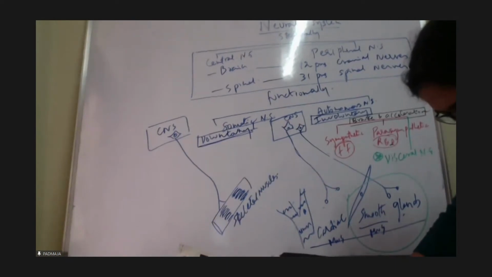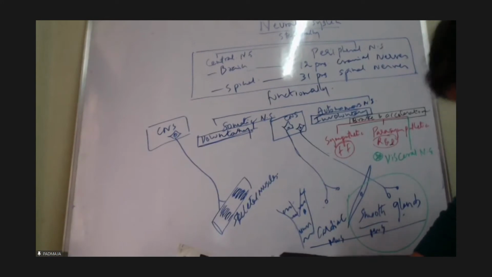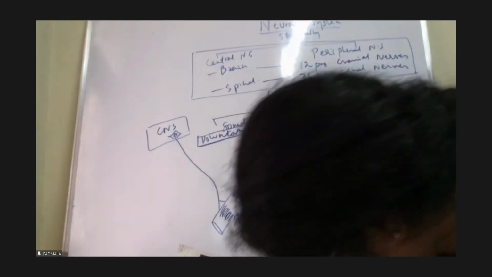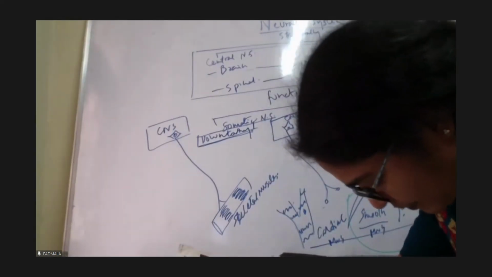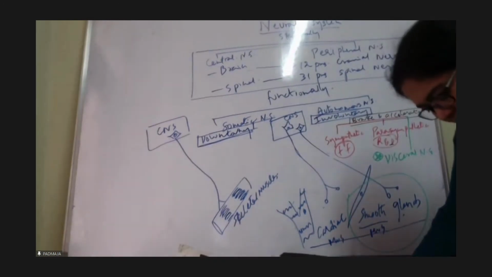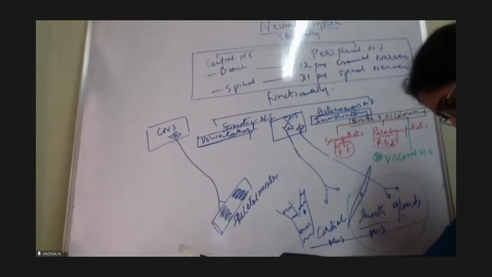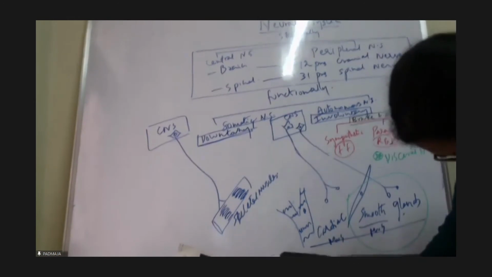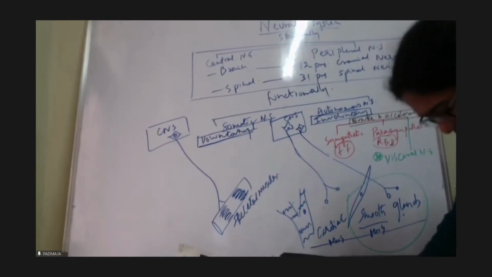What are those plexus between circular muscles and longitudinal muscles? Auerbach's or myenteric. If they are present in the submucosa, plexus of Meissner. Good, good.